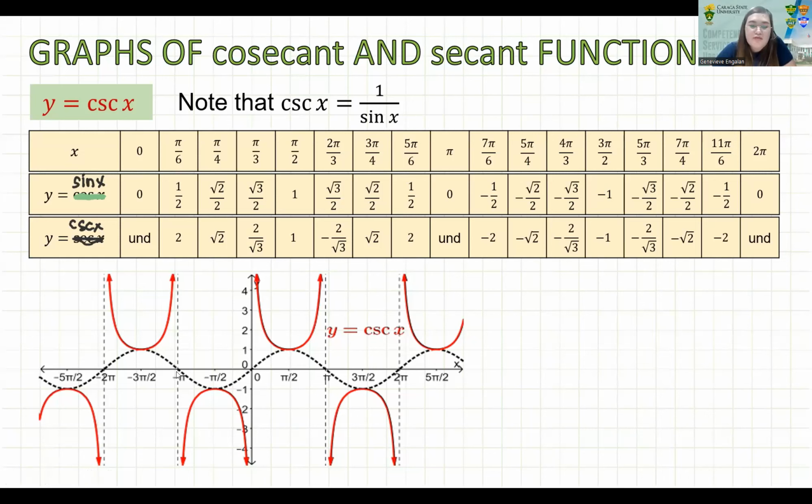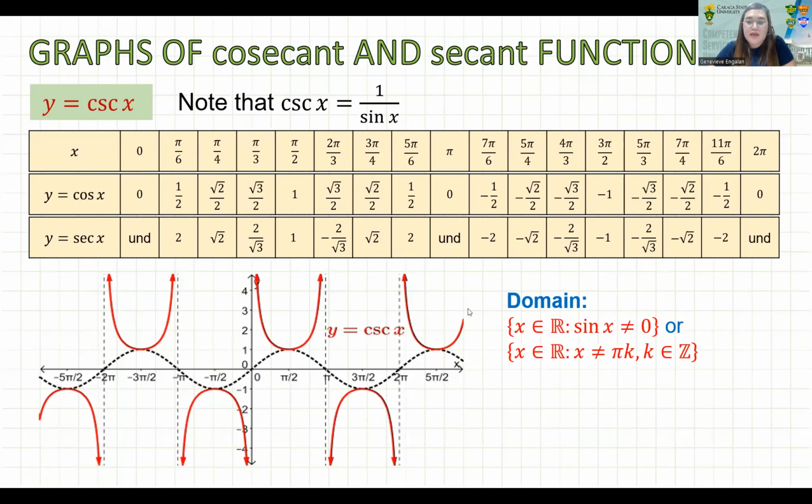Okay, so negative pi, negative 2 pi, tanan nga multiples of pi, kanang mga walay denominator, no? Pi, 2 pi, negative pi, 2 pi, 3 pi, mga naay imaginary line dira no? So kana. Okay. So mao na siya ang iyahang graph.